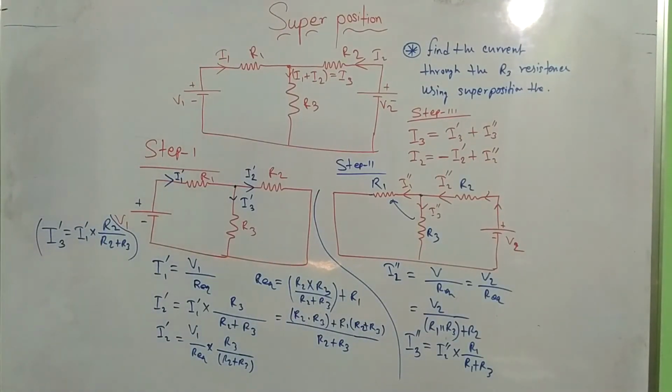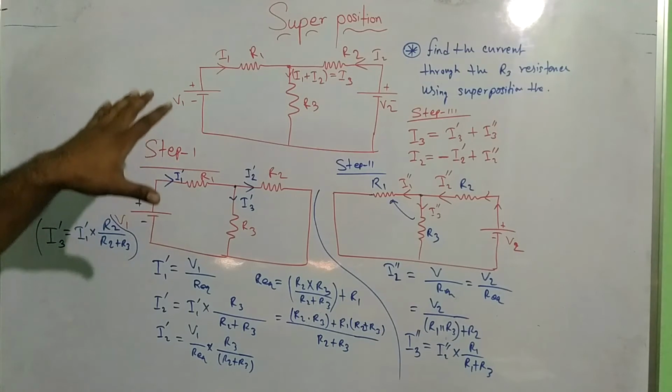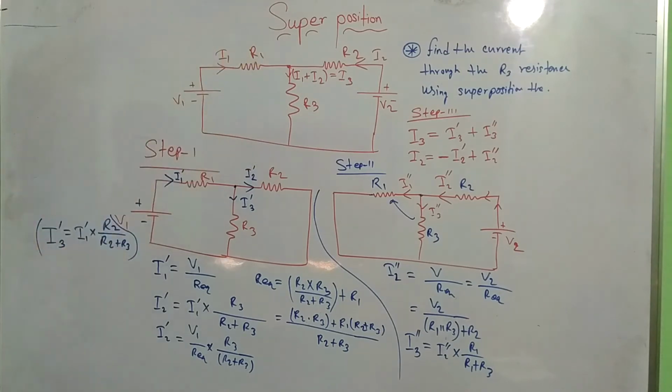So again I repeat the superposition theorem one time. The superposition theorem states that if any circuit has more than one source, then we apply the superposition theorem. We can check how many sources there are. If there are 2 sources, then our steps are 3. If there are 5 sources, then our steps are 6.